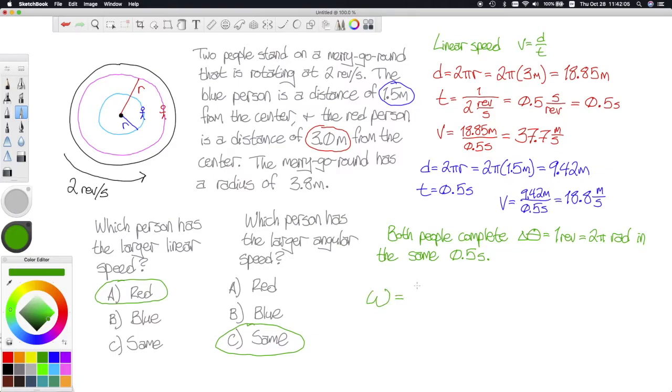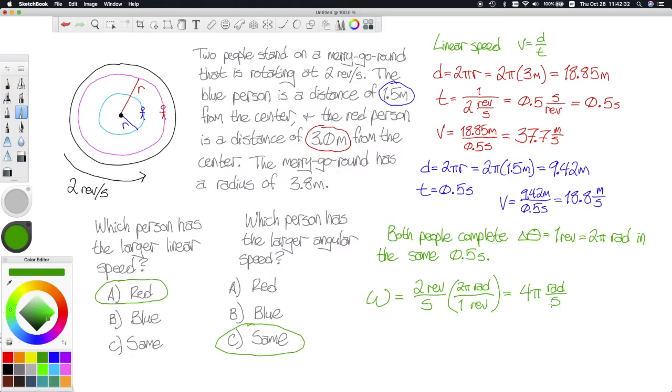The angular speed that they both share is 2 revolutions per second, and if we want that in SI units, we're going to have to convert revolutions to radians. So 1 revolution on the bottom, 2 pi radians on the top, gives us a value of omega that is 4 pi radians per second.